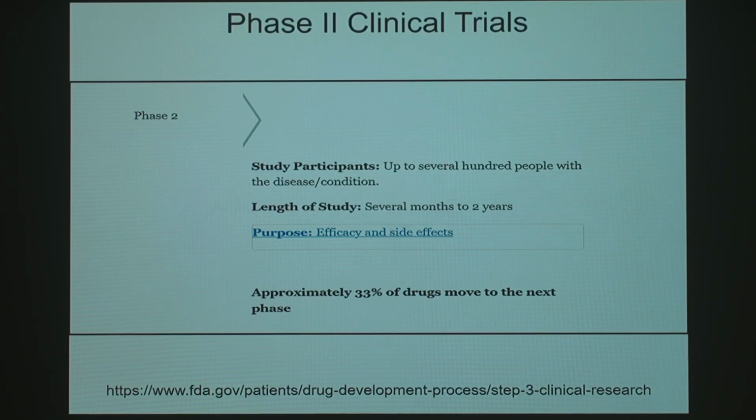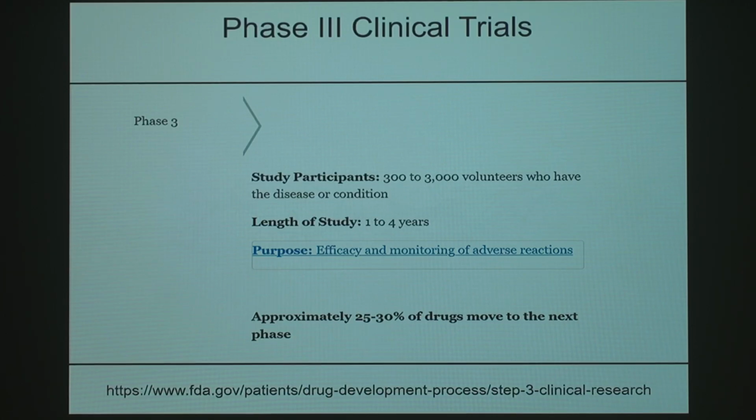And so this process can take up to several months or up to 2 years, really, looking into phase 2. So we have 20 drugs that made it to phase 2. A third of those drugs will make it to phase 3, about 30%.